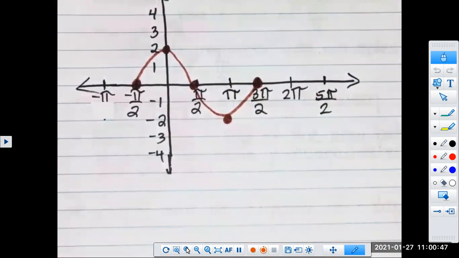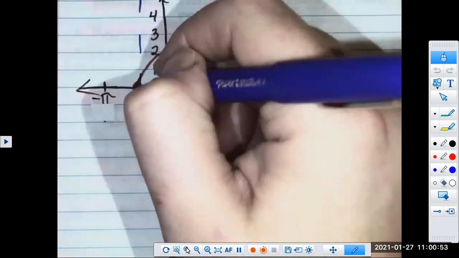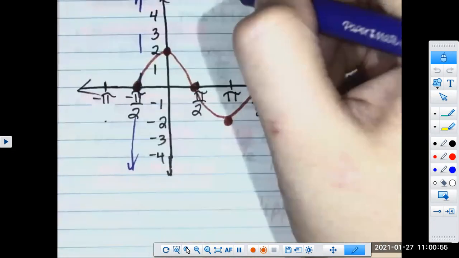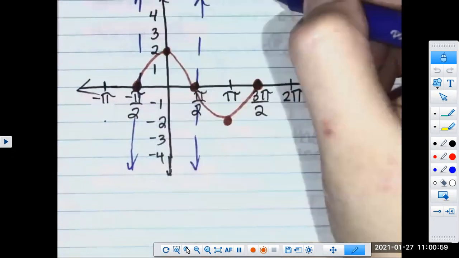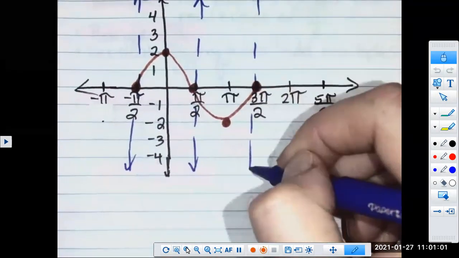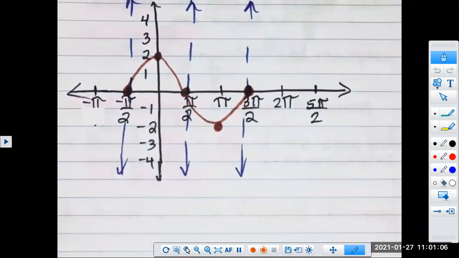Okay, when you graph your sine curve for this function, this is one period. Draw your asymptotes through the x-intercepts. One period for sine is actually going to give you 2 periods for the graph of cosecant.